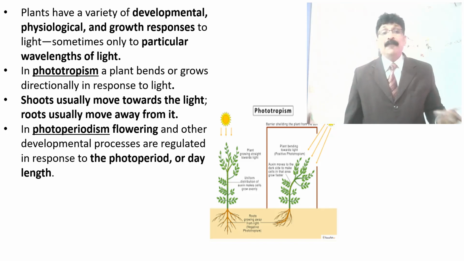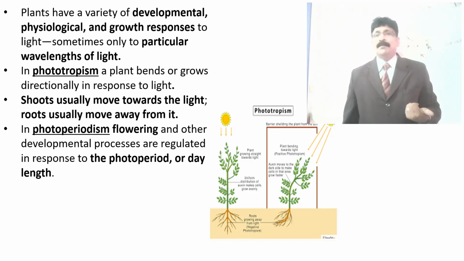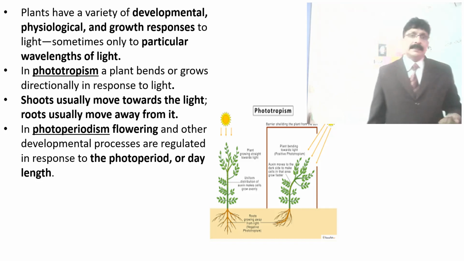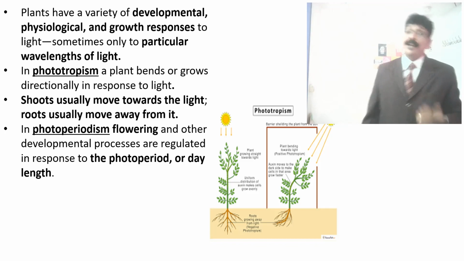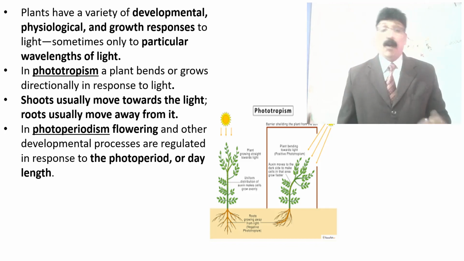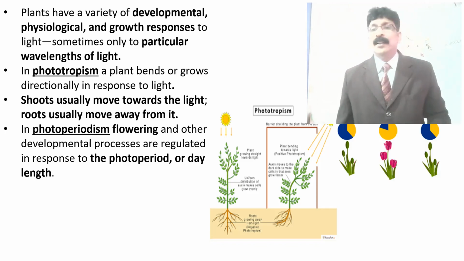Photoperiodism: flowering and other developmental processes are regulated in response to the photoperiod or day length. You see this? The yellowish round shape says that day.